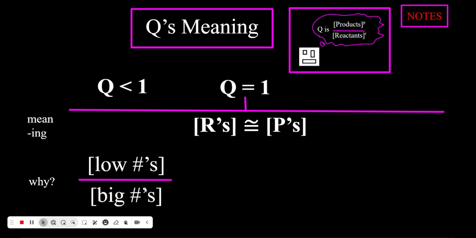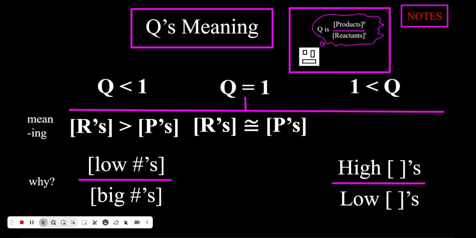If Q is less than 1, it means the concentration of your reactants is greater than your products, and you've got low numbers on top, big numbers on the bottom. Now, that's all relative. They could be low and big relative to each other, not necessarily low and big numbers. And if Q is greater than 1, it's the opposite. I'm going to have a greater concentration of products than reactants. All right?